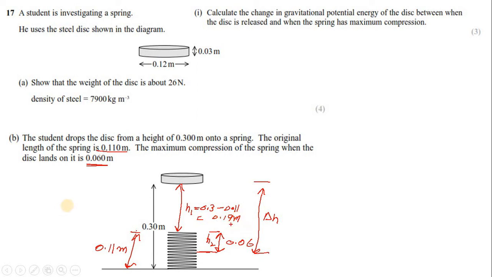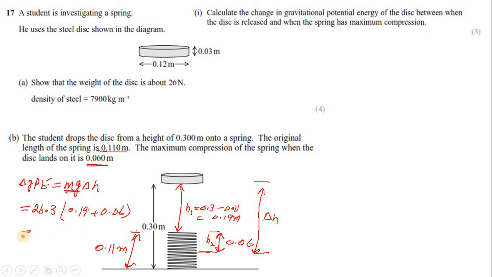So now you can say that the change in gravitational potential energy, delta GPE, is mg delta H. You can draw these things on your diagram so that the examiner can see what you are doing. Here mg is the weight, so we don't need to use the mass. So 26.3 times delta H, which is the sum of these two heights, 0.19 plus 0.06.